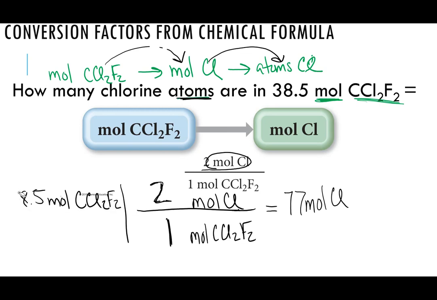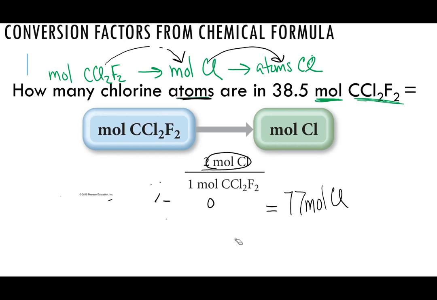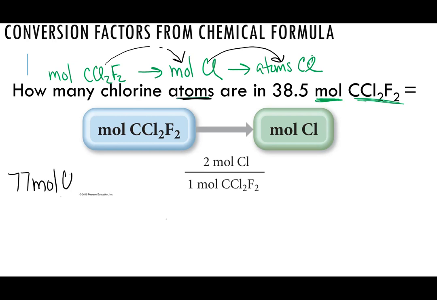So I'm going to erase this. And I'm going to use my answer from that first step to start a new train track. So we've got 77 moles of chlorine. Moles of chlorine go on the bottom.